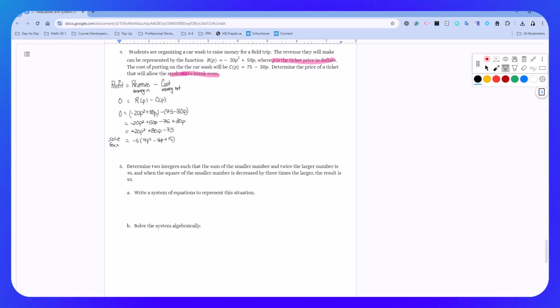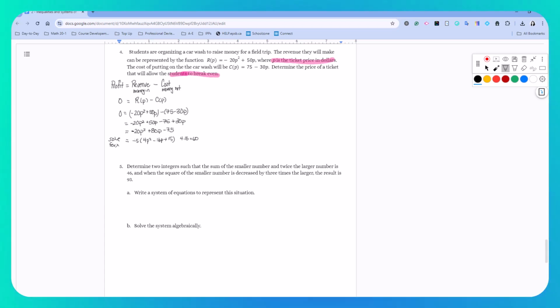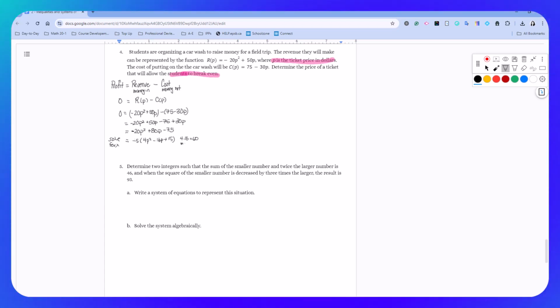Now remember, when I factor, I'm going to go 4 times 15 is 60. I need two numbers that multiply to 60 but add to negative 16.